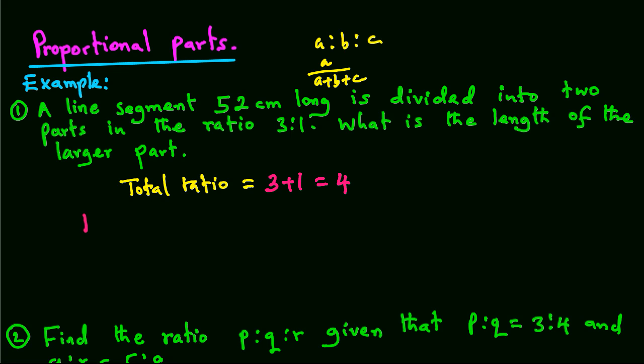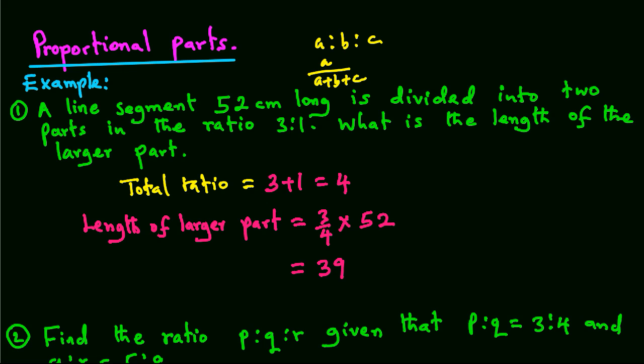So therefore, the length of the larger part is represented by ratio 3, so that would be 3 over 4 times 52. And this gives us 39 centimeters.